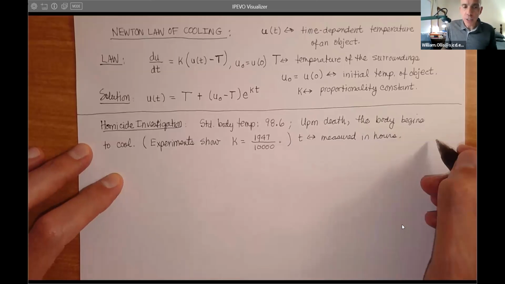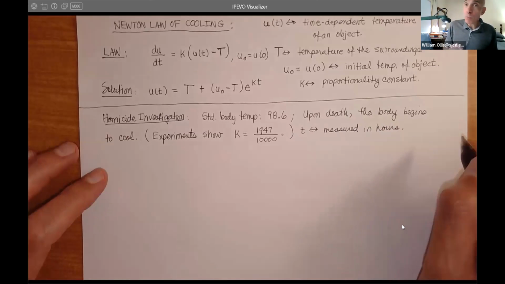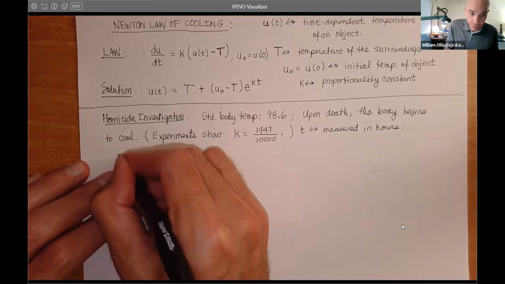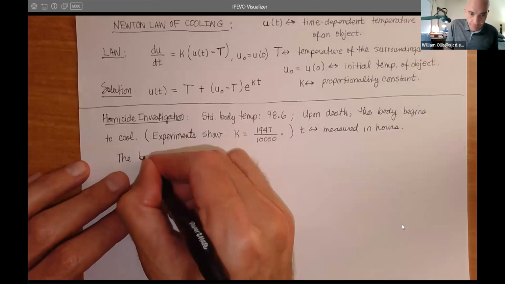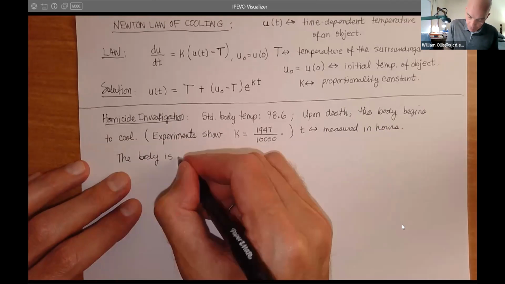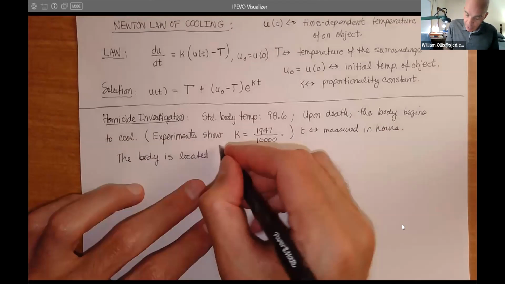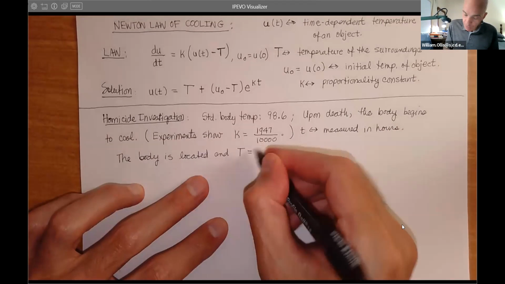Now, what we want to do is the following. For instance, we find the body. The body is located, and T equals 65 degrees.